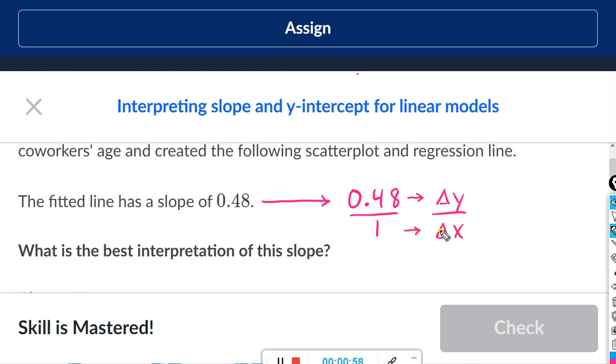That little triangle is a Greek letter delta. It just means change in. So basically the y goes up by 0.48 when the x goes up by 1.